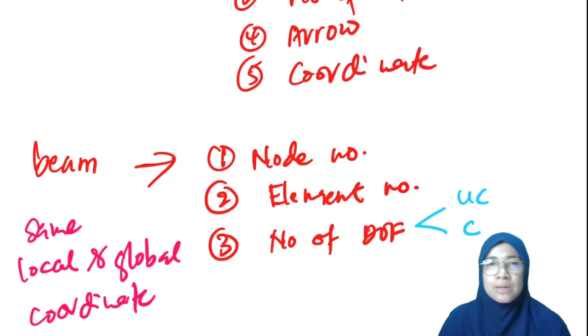And we don't have to put the coordinate because in the formula to calculate K, we don't need to calculate Cx and Cy. It means that the stiffness in the beam is basically based on the length of each member as well as the flexural rigidity of each element.